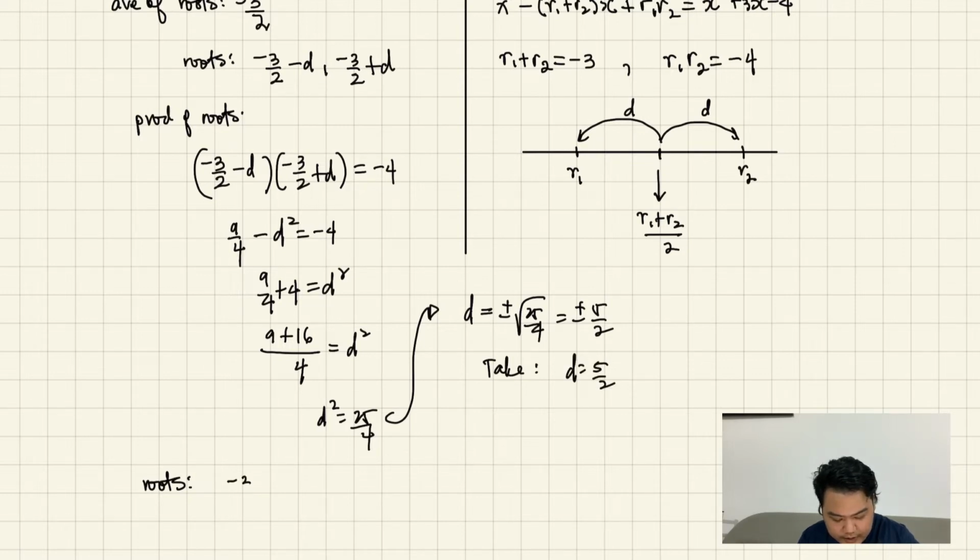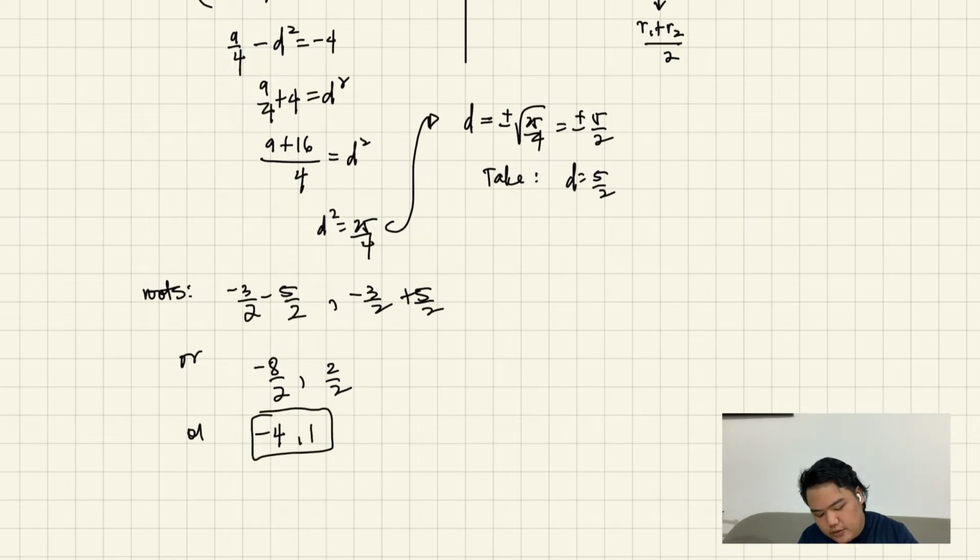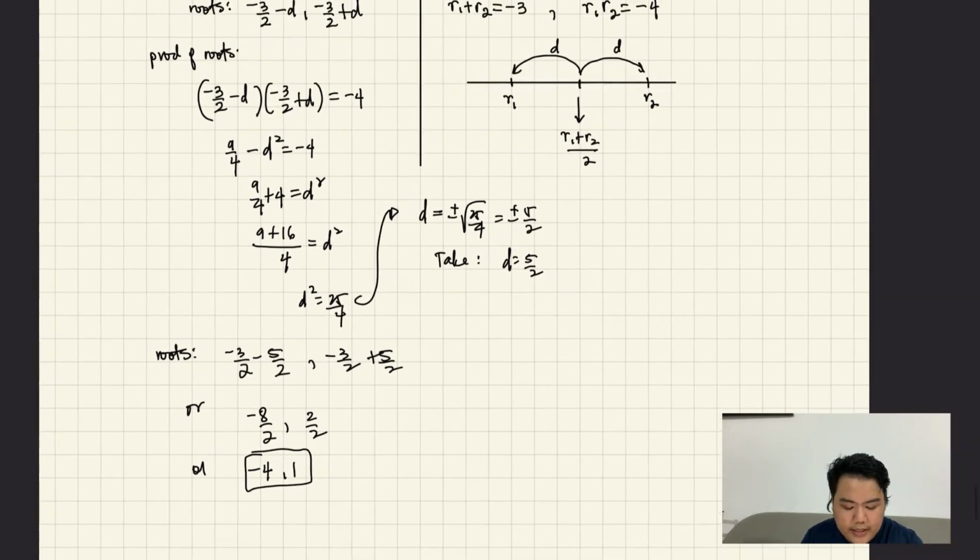So, meron tayo negative 3/2 minus 5/2 and negative 3/2 plus 5/2. Or, pag sinimplify natin, we get negative 8/2, yung isa naman, 2/2, or negative 4 and 1. So, ito yung dalawang roots na hinahanap natin.